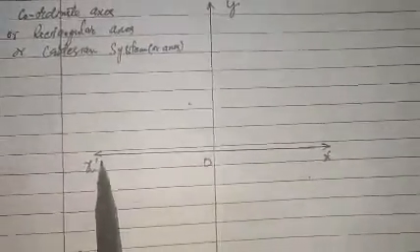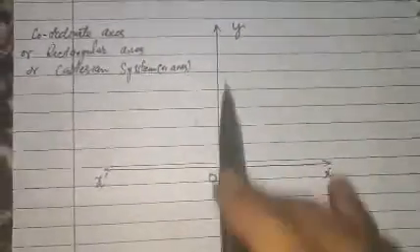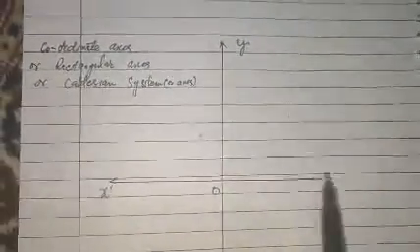In your previous class, you have learned about the rectangular axes. These axes are two perpendicular straight lines, X prime OX and Y prime OY. X prime OX is the horizontal axis, called the x-axis. Y prime OY is the vertical axis, called the y-axis.